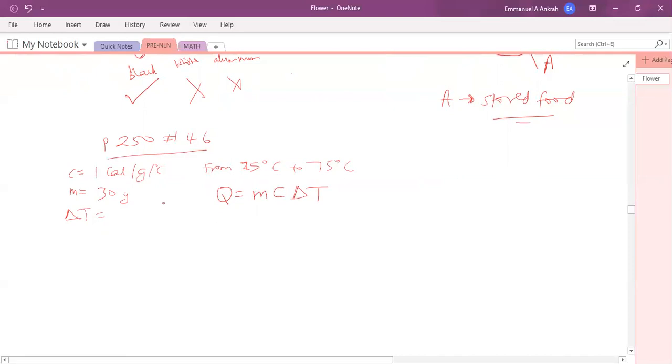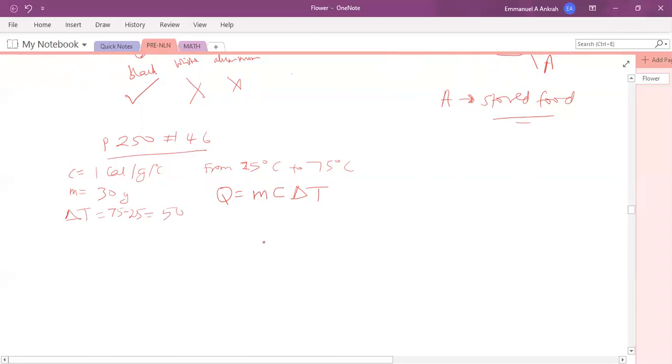The specific heat is 1 calorie per gram per Celsius. You know the mass, 30 grams. Then the temperature is increasing from 25 to 75, so your change in temperature will be 75 minus 25, which is 50.